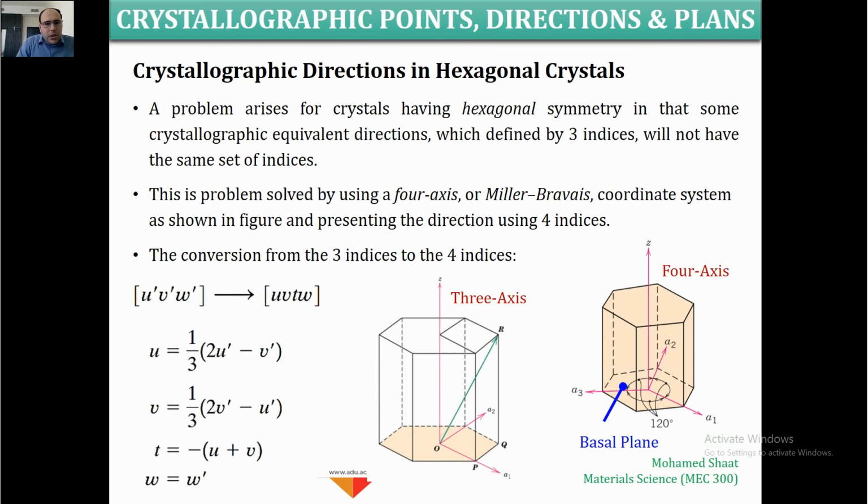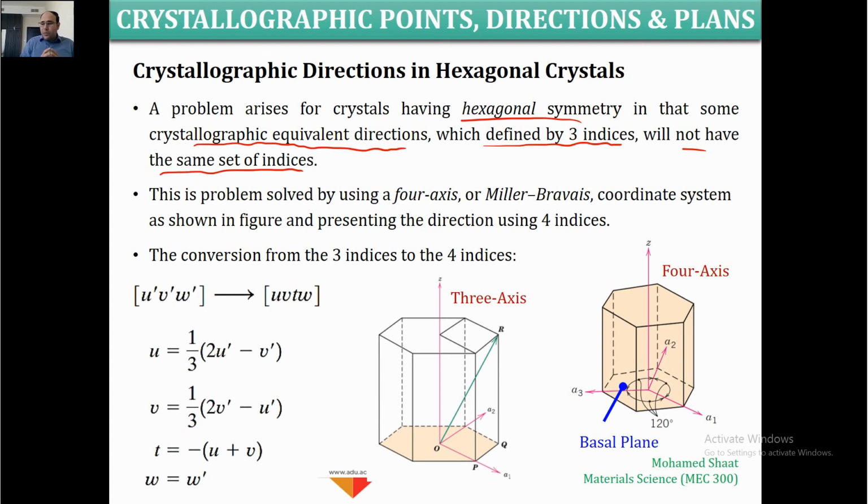In a crystal having hexagonal symmetry, a problem arises: some crystallographically equivalent directions defined by 3 indices will not have the same set of indices. As we mentioned, two equivalent directions should have the same indices with no regard to the sign or to the order of these indices.